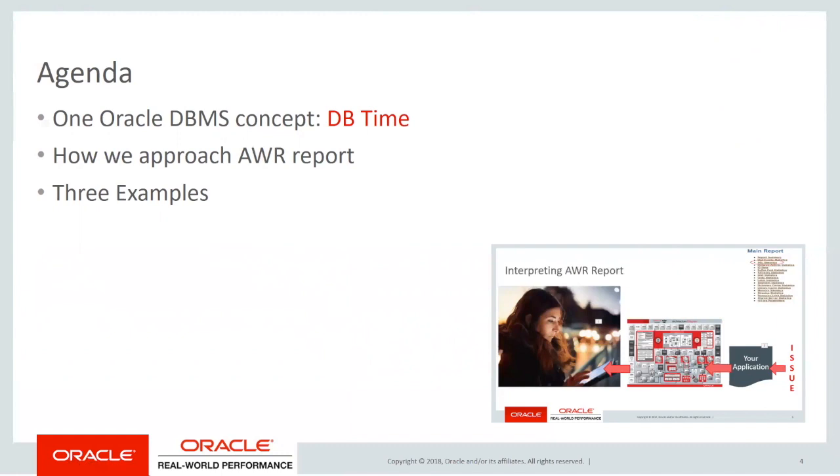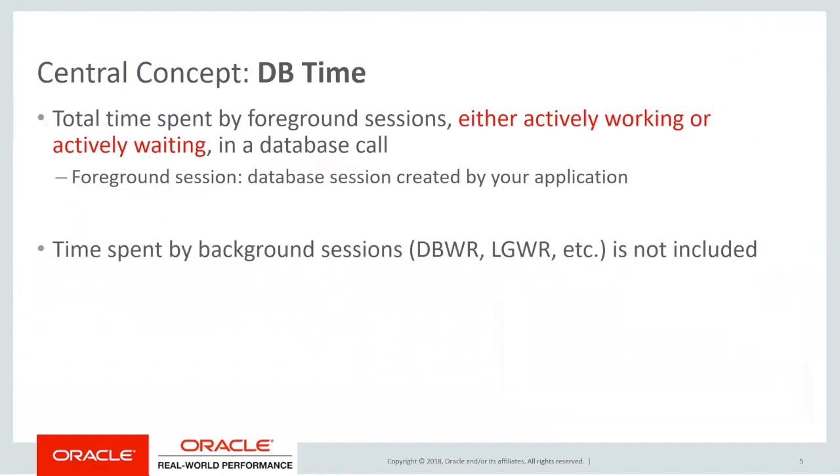So DB time, probably most of you all know this. It's the total time spent by foreground sessions, either actively working or actively waiting, in a database call. And if I use the words foreground session, I mean a database session created by your application, which is in contrast with background sessions.